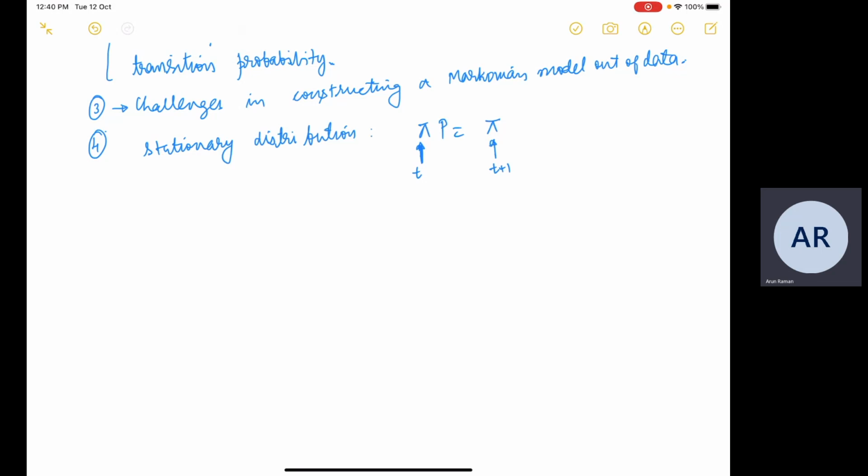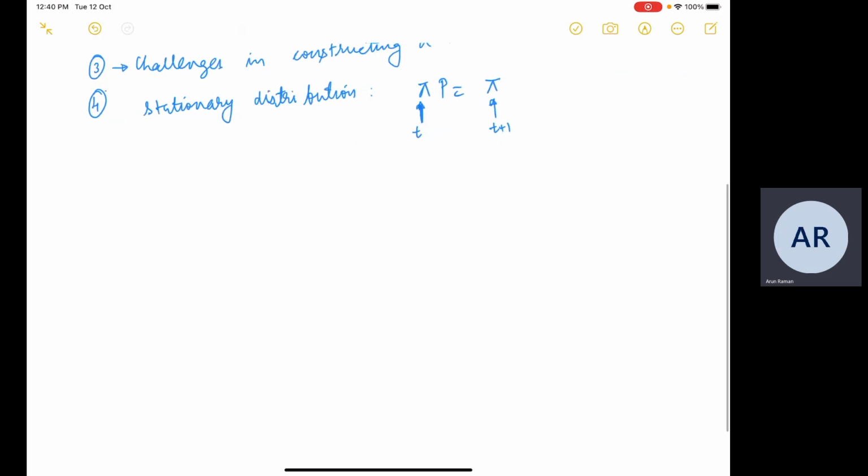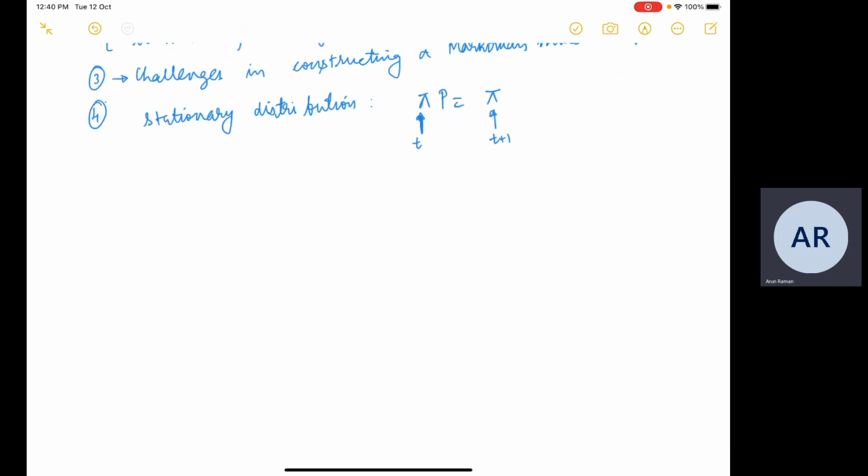So we call it stationary because the probabilities stop moving. That is called the stationary distribution.